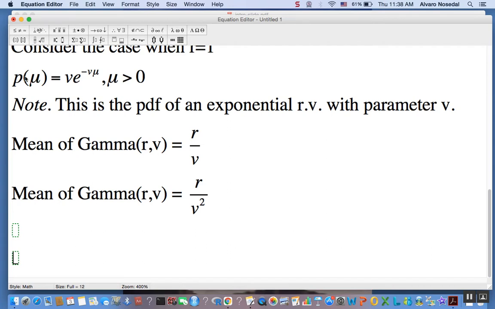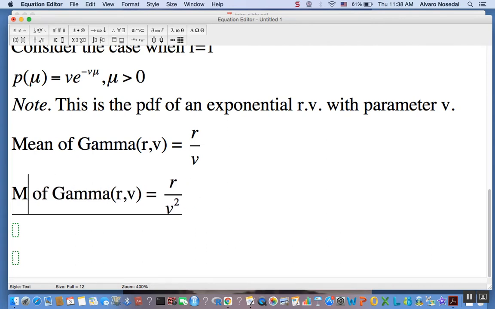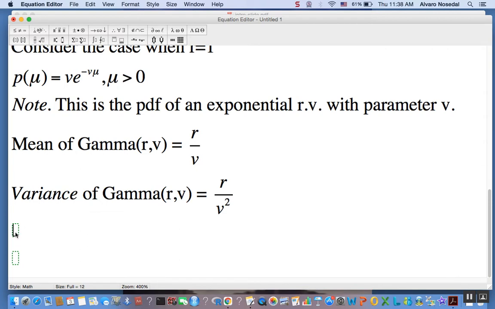So when r equals 1, the mean is going to be just 1 over v.